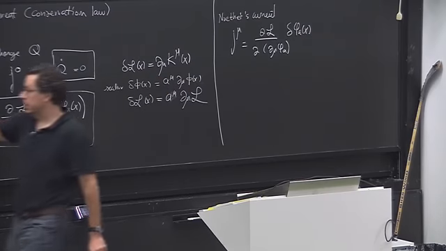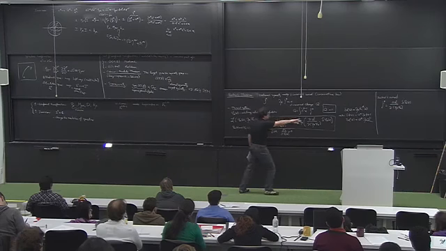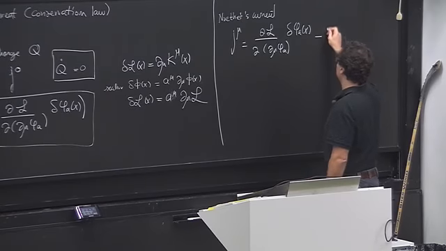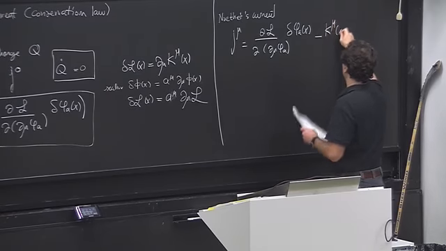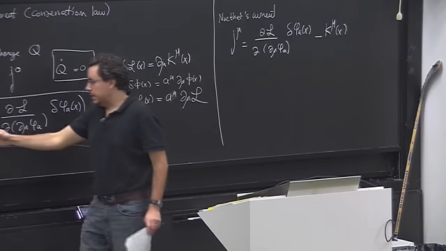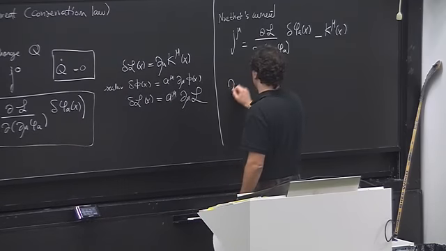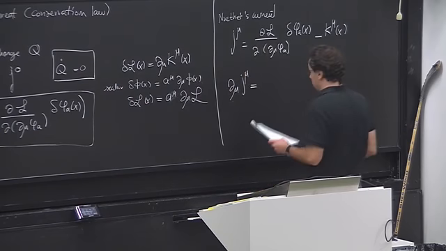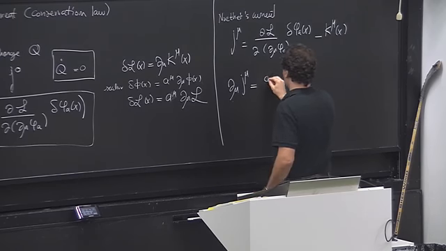Now, in general this will be a total derivative, so I bring it to the other side and write it minus K mu of x, okay? And as a consequence of this general variation, what we find is that the divergence of this current is proportional to the equations of motion.